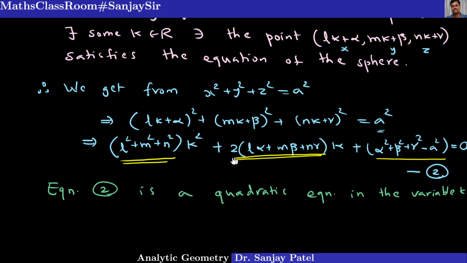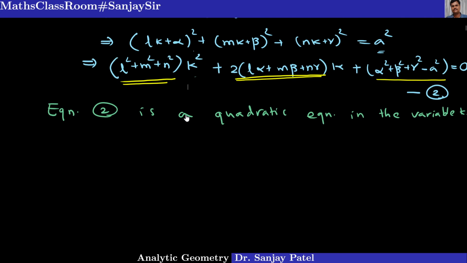You know, it is a quadratic equation, so it has two solutions. But if it gives you two values of k, that means we'll have 2 points of intersection of the generator and the sphere. But we have only 1 point since the line is touching the sphere. So this must have only one, or you can say 2 equal roots, one solution.